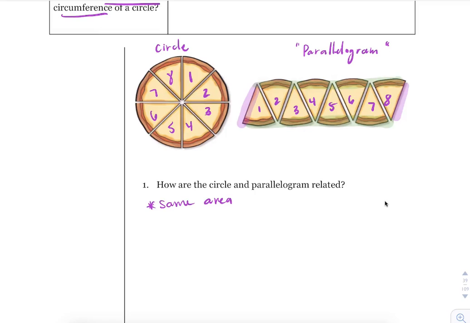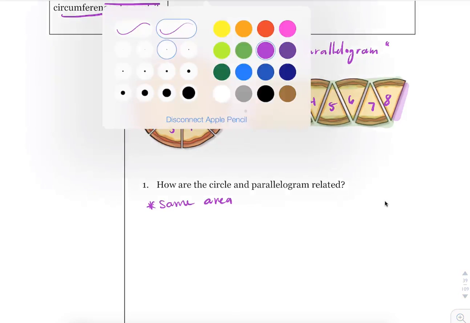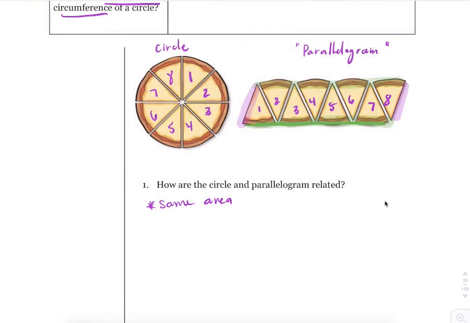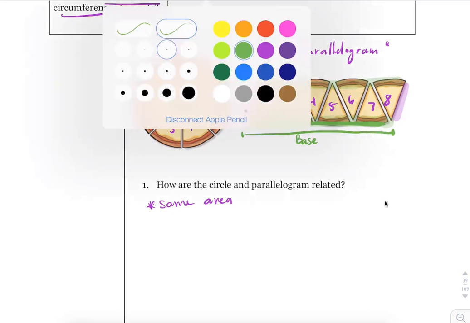Now, if we're talking about area, what is the equation for the area of a parallelogram? It's not so bad. This one is the base, some people call it the length, the distance from here to there, times the height. I'll do this in a different color.